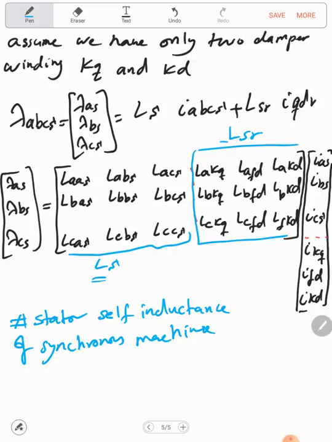Now, in general, the self-inductance, which is the LAAS, consists of two parts. One is called the leakage inductance, plus the magnetizing inductance or the air gap inductance. The second one we call plus the magnetizing.